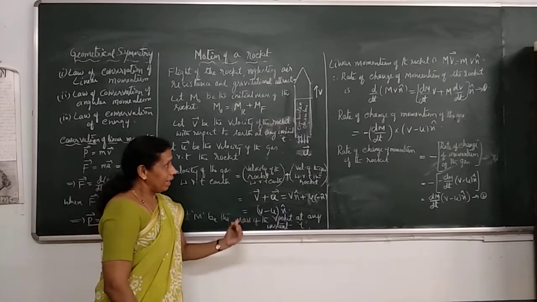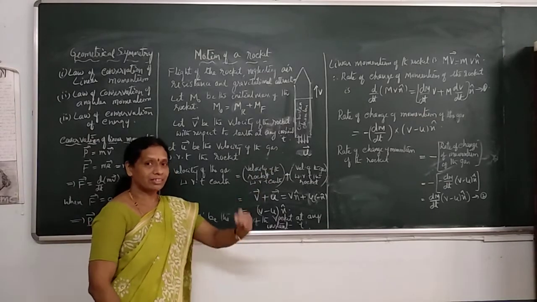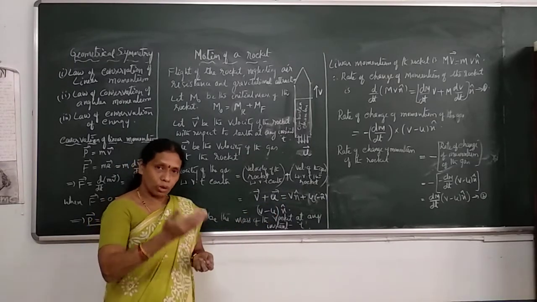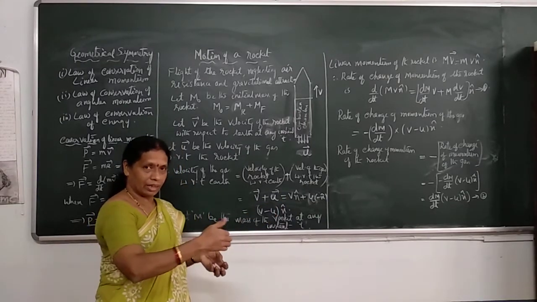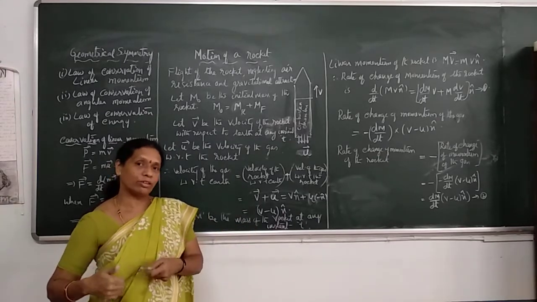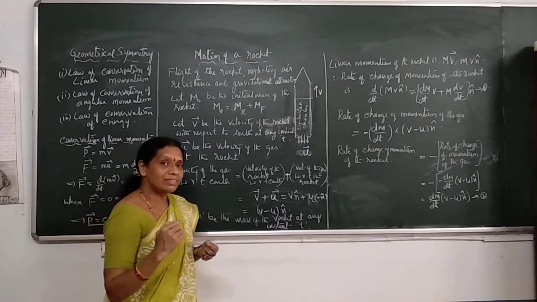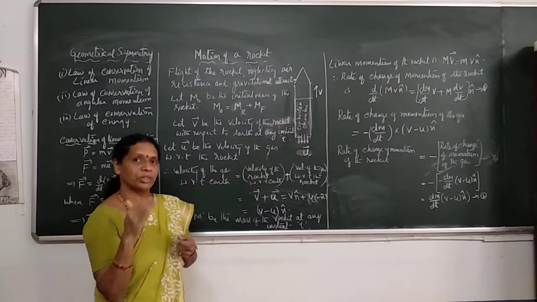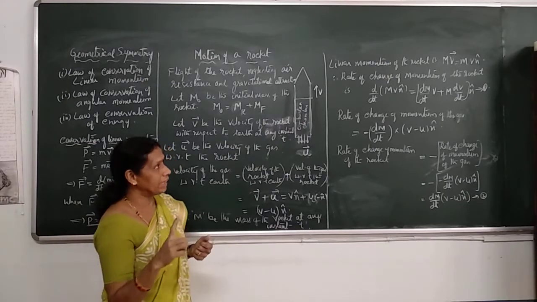Now, as time increases, mass of the rocket goes on decreasing. Along with that, the mass of the escaping gases goes on increasing. So there will be change in the mass of the rocket with the time. That rate of change of mass of the rocket is denoted as dm by dt.